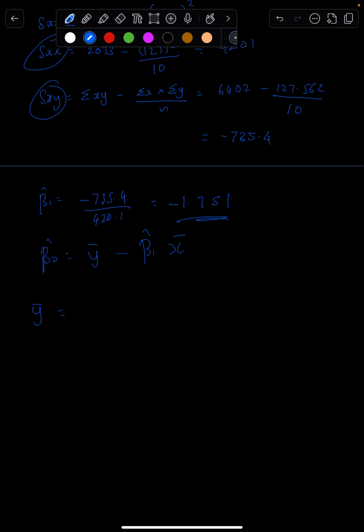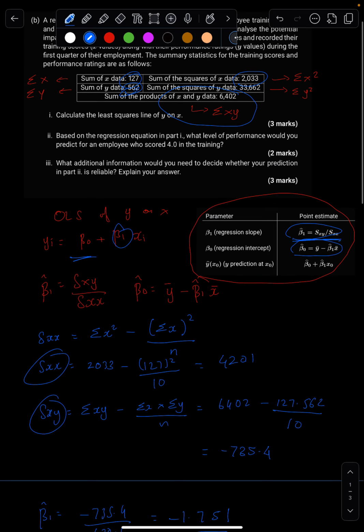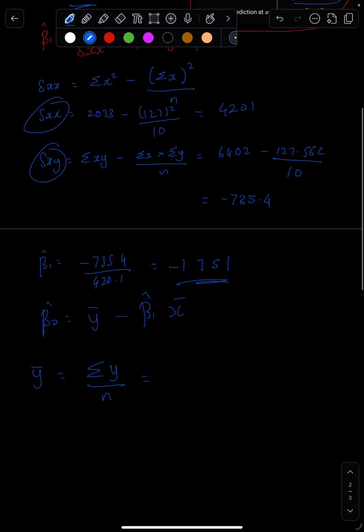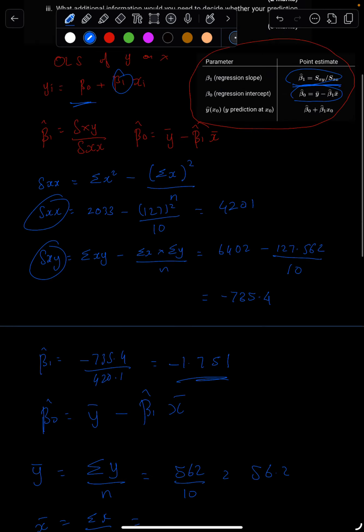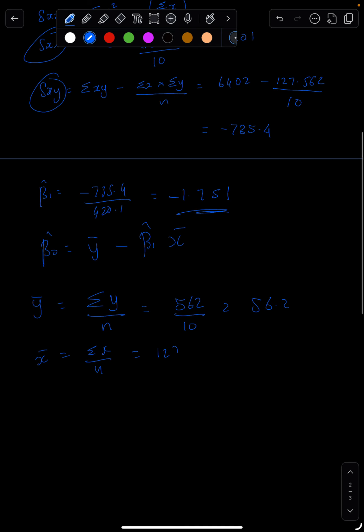So y bar is the average y, just the summation divided by n. We know the summation is 562, divided by 10 is going to give us 56.2. X bar, we know the sum is 127, divided by 10 is going to be 12.7.